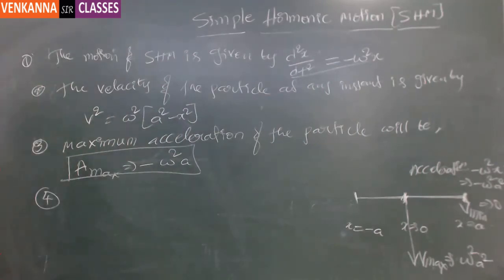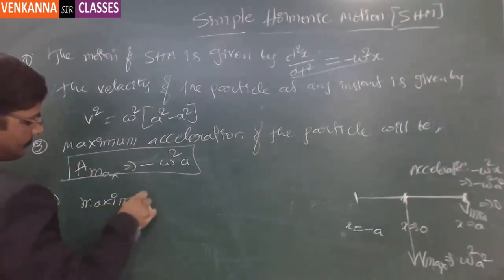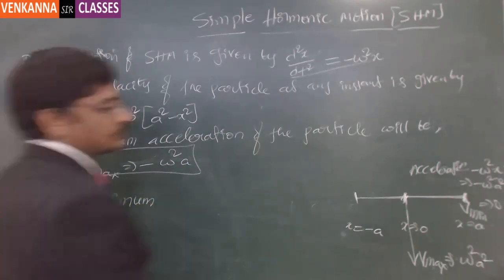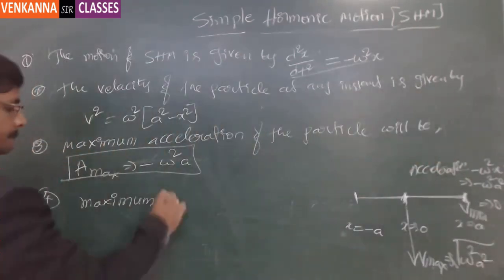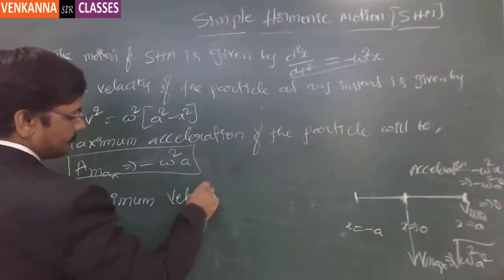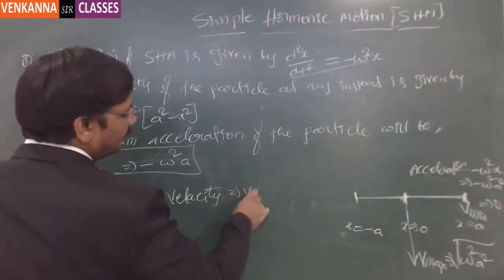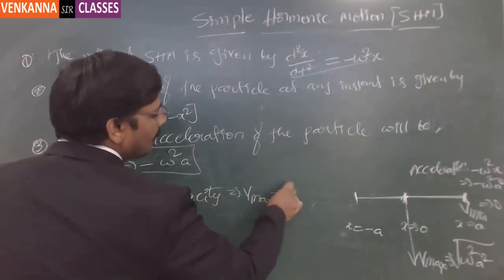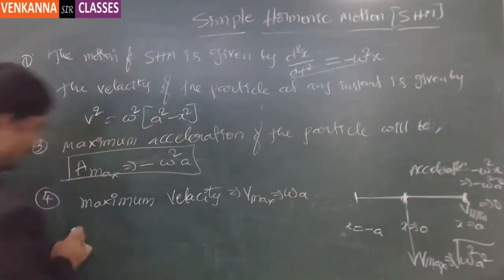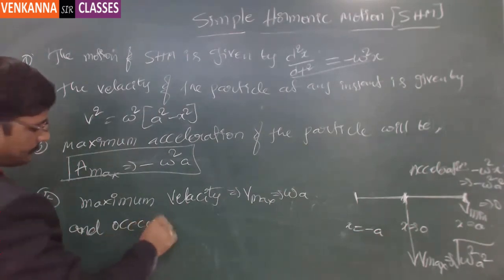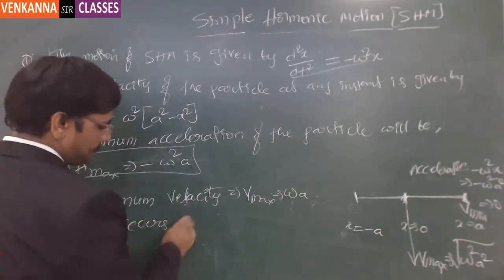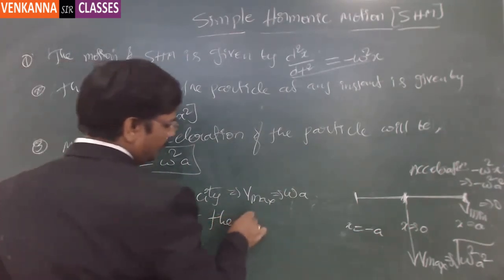And the fourth point: maximum velocity. V max is equal to omega a and occurs at the midpoint.